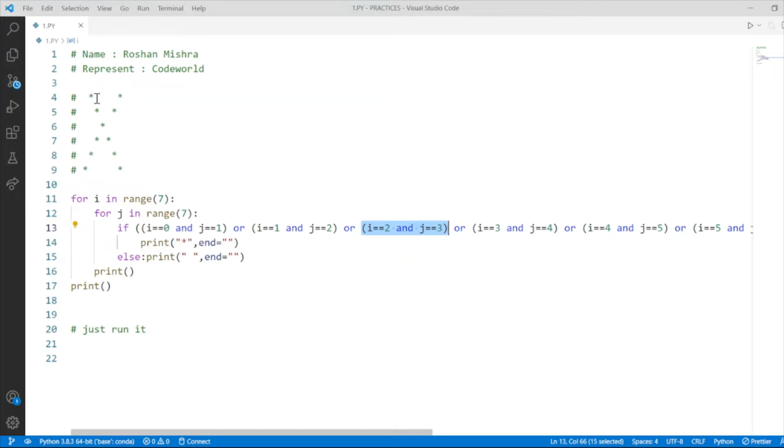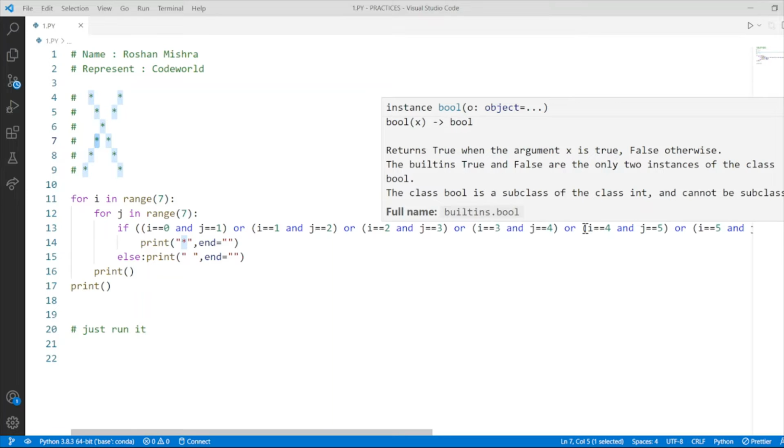So what this did: this said second row, which means this is first row, this is second row, and third column means this star. And what this says is that our row should be 3 and column should be 4. Our third row is the 0th row, first row, second row, and third row. So our row should be the third row and column should be the 4th. It will print this star only where my cursor is moving, so it will print this star. Where the cursor is blinking it will print that star.